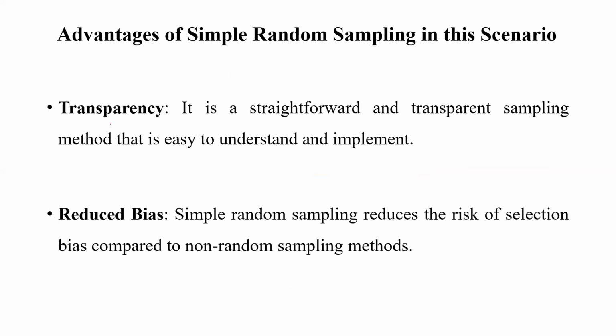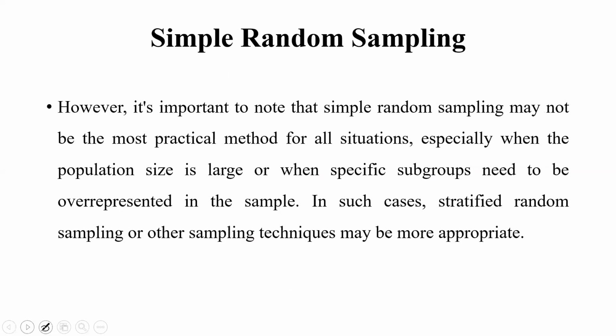And transparency is one of the important points. It is a straightforward and transparent sampling method that is easy to understand and implement. And reduced bias: simple random sampling reduces the risk of selection bias compared to non-random sampling methods.